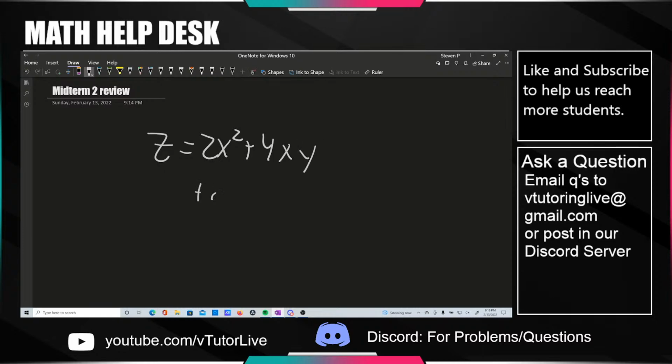To estimate, we're using the tangent plane to estimate s of 4.2, 5.9. I think this is a fairly generic question, but it's kind of scary the first time you're doing these. Are you all at a comfortable place with knowing how to approach this problem? How do you feel about this one so far?